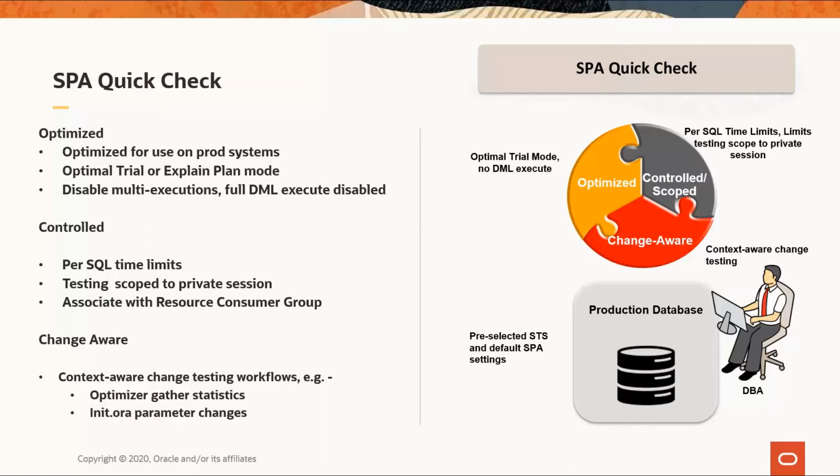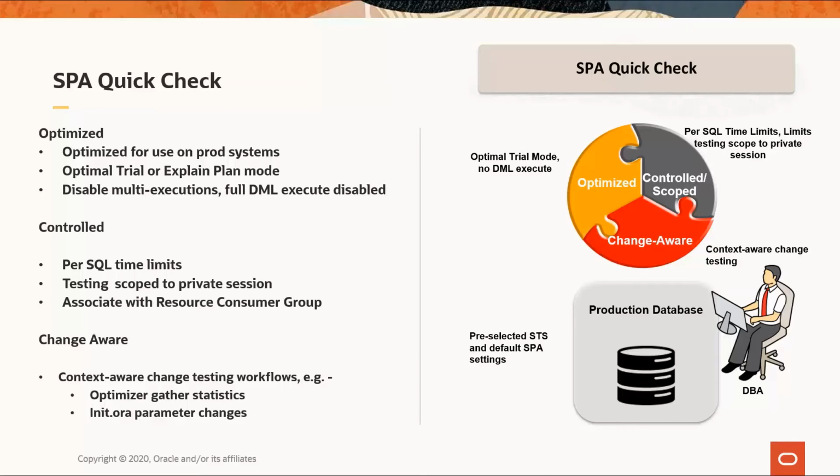So with SPA Quick Check, you eliminate all this guesswork that we do as database administrators, and instead of waiting and staring at the screen and looking for graphs and the statistics of the new SQL plan that is generated, SPA Quick Check will gather information before the change, execute and create a SQL profile for you, and gather information after the SQL profile was created.